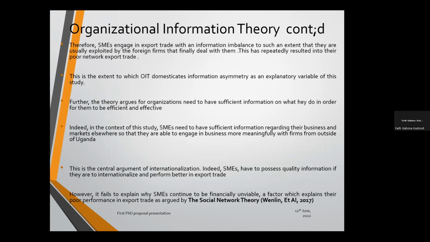Since it's due to the effect of globalization, both at the local level, regional level, and international level, it's important for SMEs to be equipped with the accurate information. This is the central argument of internationalization. Indeed, small and medium scale enterprises have to possess quality information if they are to internationalize and perform better in their export trade.